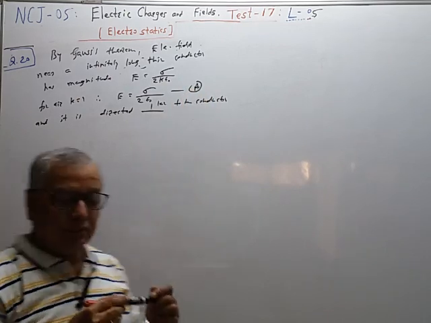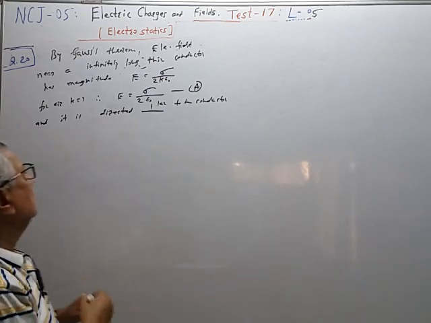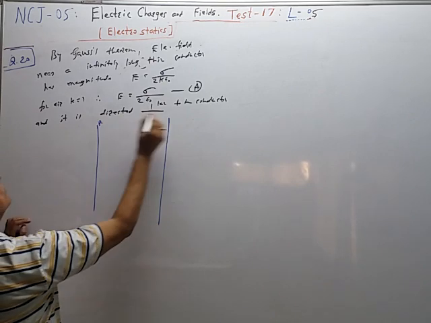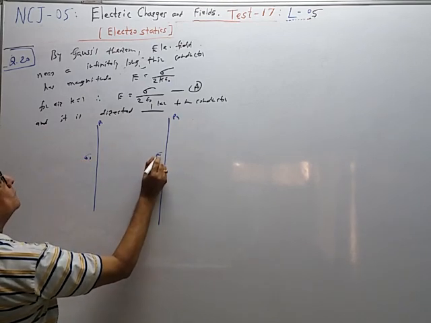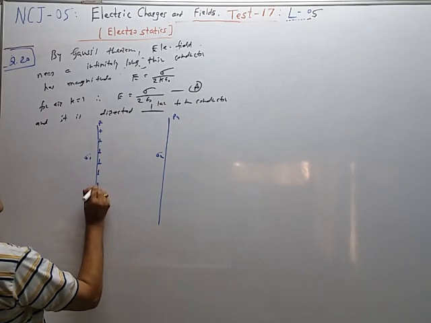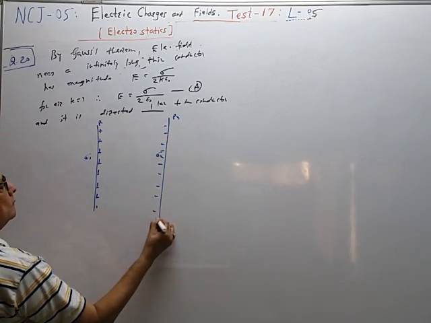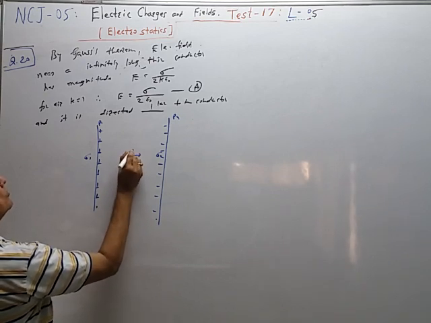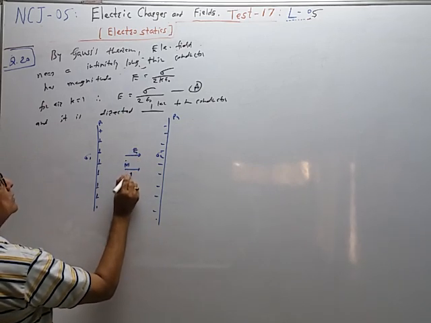So we will use this equation. Now, if we consider the two plates, plate number P1, plate number P2. This is sigma 1, this is sigma 2. So it has positive charges, it has negative charges. So at point say M, electric field due to the first plate E1 is in this direction. Electric field E2 is in this direction.